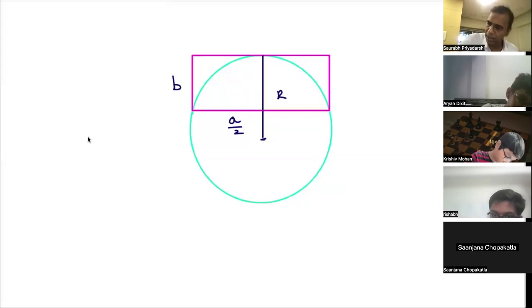This is R1, small, and this is capital R.